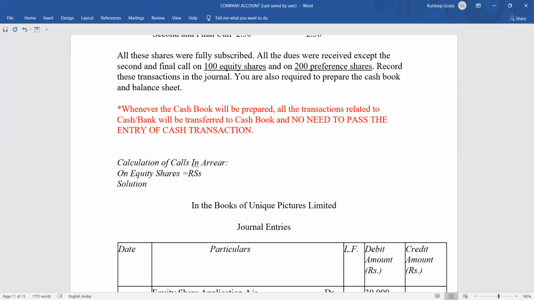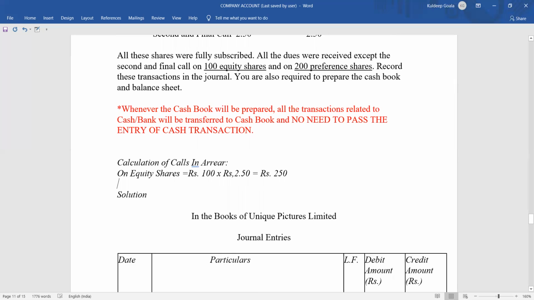In case of equity share, how many shares? 100 equity shares, right? At the rate of rupees 2.50, so how much is it coming? 250 rupees.